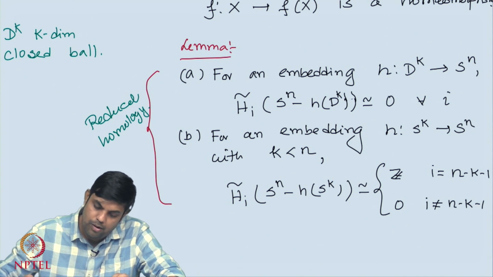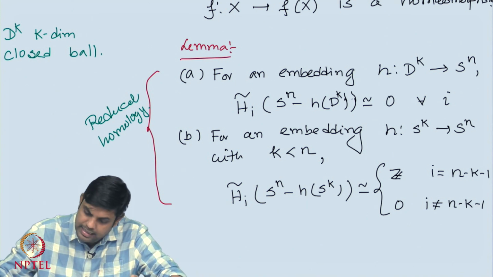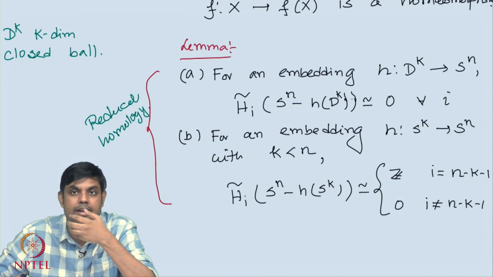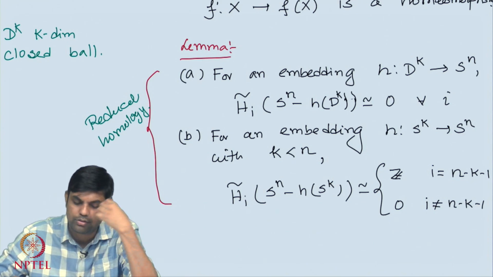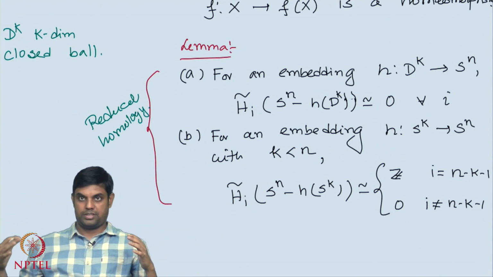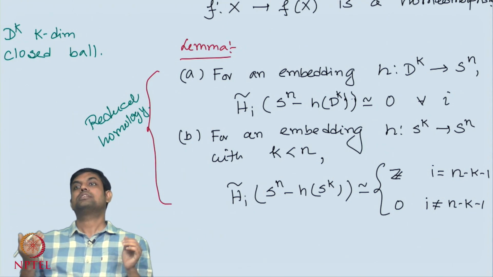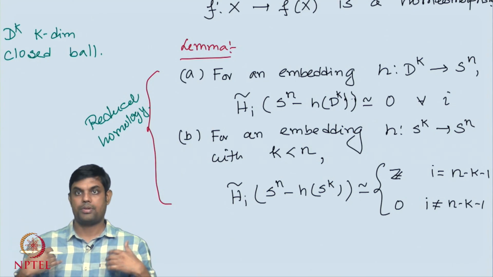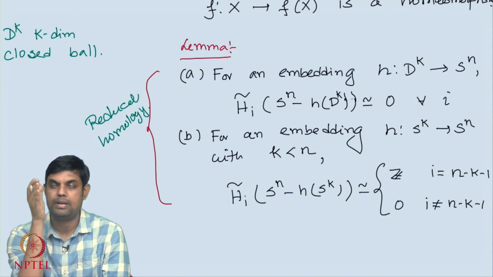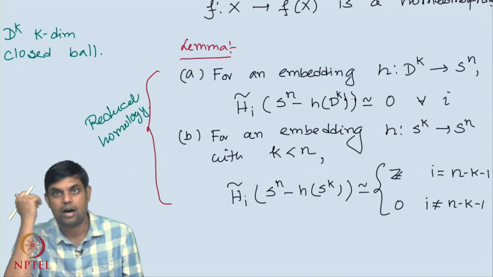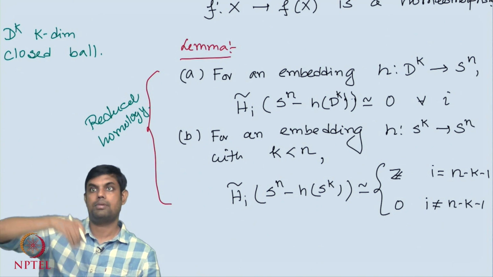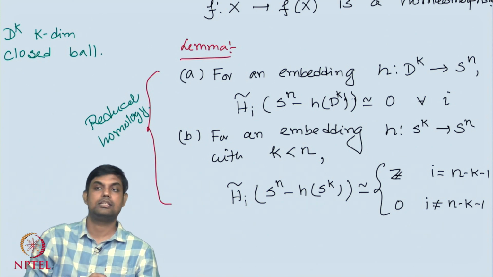I am going to think of Sn as the one point compactification of Rn. You remember that with the stereographic projection, Sn minus 1 point is homotopy equivalent to Rn. So, I can replace Sn minus 1 point with Rn via the stereographic projection.